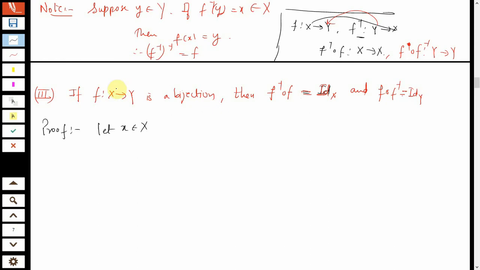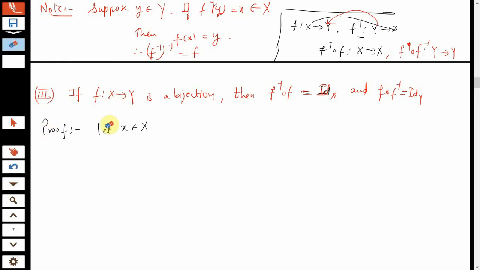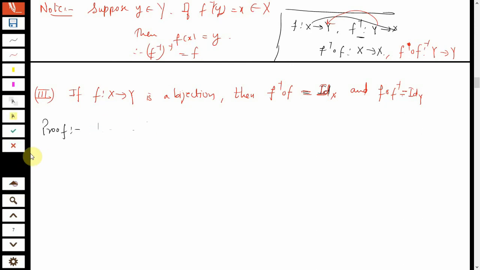Since f is a function from X to Y and f inverse is a function from Y to X, f inverse composite f is a function from X to X. Now I show that this function is nothing but an identity function defined on this set X, as the domain and the codomain is the same as X.